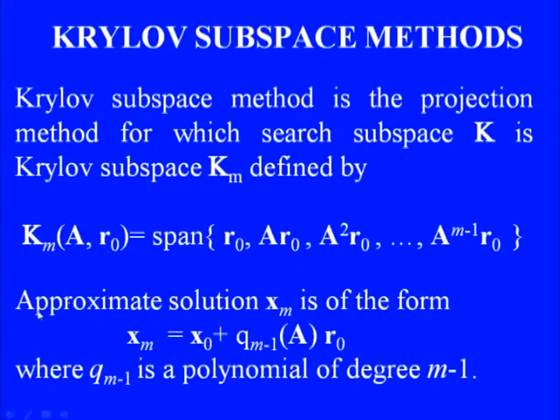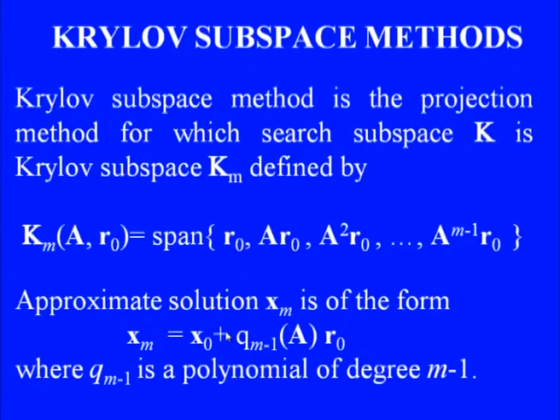The approximate solution x_m, our new iterate, is of the form x0 plus q_(m minus 1)(A) r0, where q_(m minus 1) is a polynomial of degree m minus 1. So, this is the formal representation of the new iterate. Of course, we will not actually compute any of these polynomials in real algorithms; that is just the starting point.